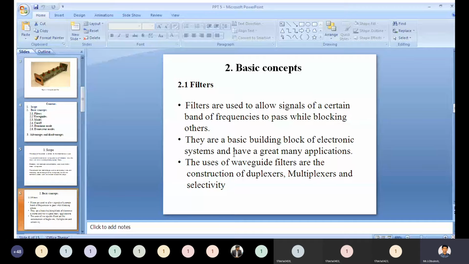A high pass filter allows only high frequency signals and blocks the low frequency signals. They are basic building blocks of electronic systems and have a great many applications.